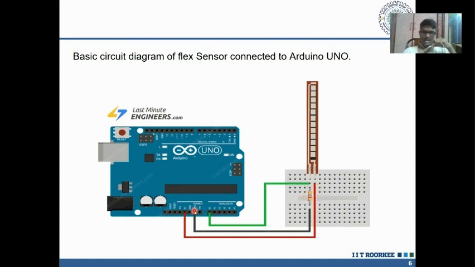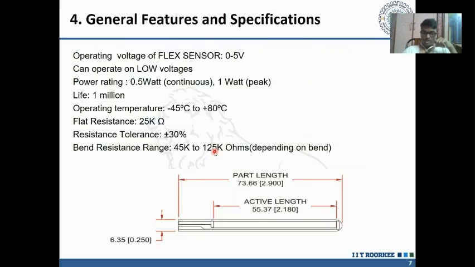We get the idea about the bending of the flex sensor, and depending on that we can do extra work, like connecting a servo motor or some other motors and controlling them depending on the output voltage drop we measure.